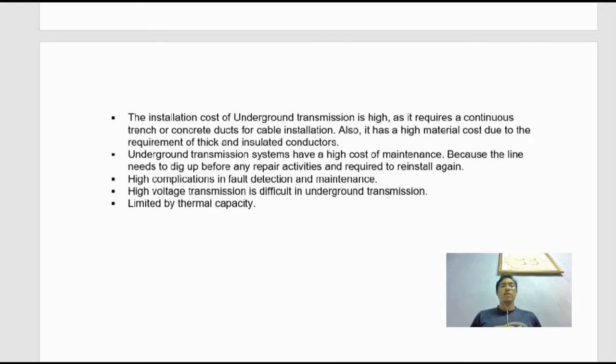The underground transmission system has a high cost of maintenance because the line needs to be dug up before any repair activities and required to be reinstalled again. Higher complication in fault detection and maintenance, and high voltage transmission is difficult in underground transmission. And lastly, it is limited by thermal capacity. So that's my presentation for transmission.